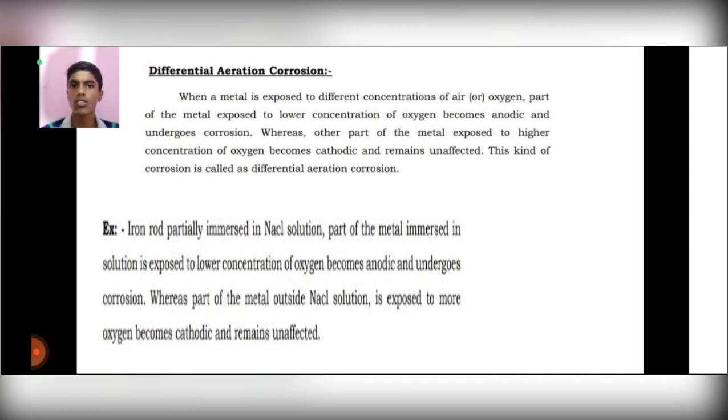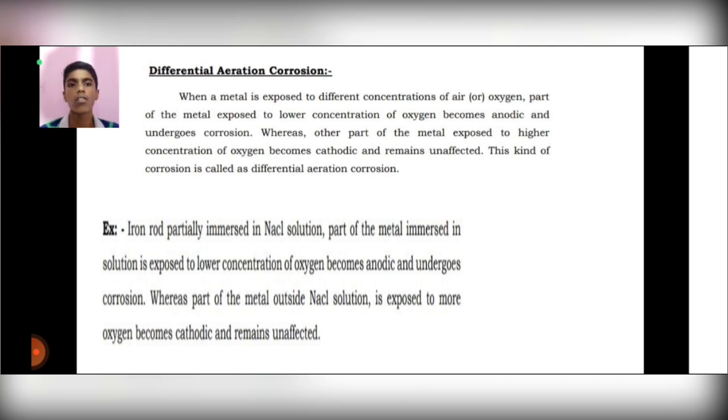Differential aeration corrosion: when a metal is exposed to differential concentrations of air or oxygen, the part of the metal exposed to lower concentration of oxygen becomes anodic and undergoes corrosion, whereas the other part exposed to higher concentration of oxygen becomes cathodic and remains unaffected. This kind of corrosion is called differential aeration corrosion.